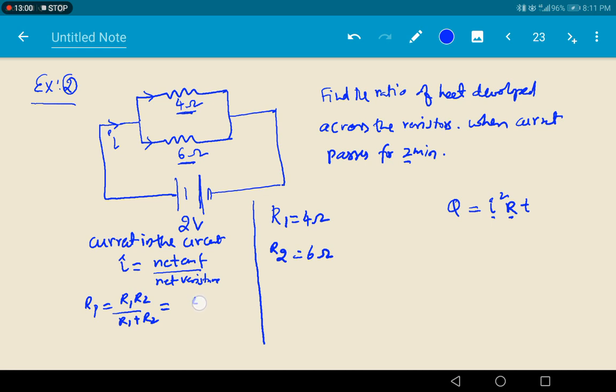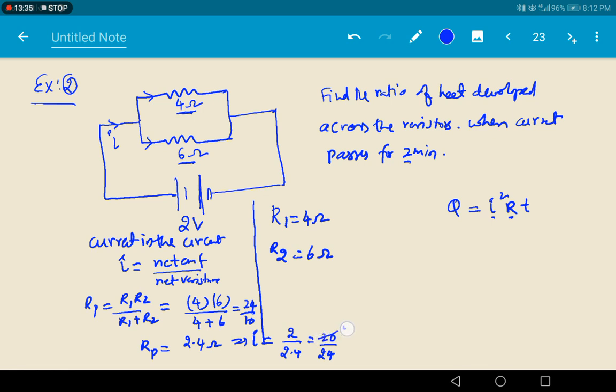So 4 into 6 by 4 plus 6, 24 by 10, so 2.4 ohm is the net resistance. Now we should find the current. The current in the circuit I equals 2 by 2.4, that is 20 by 24.